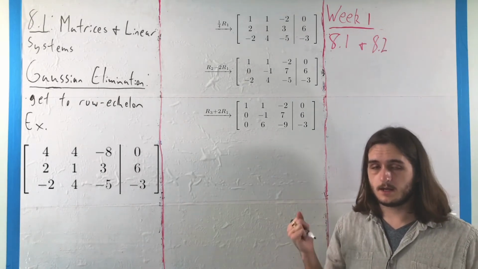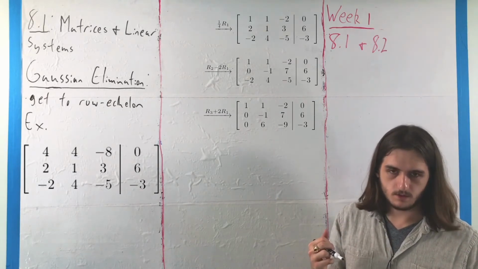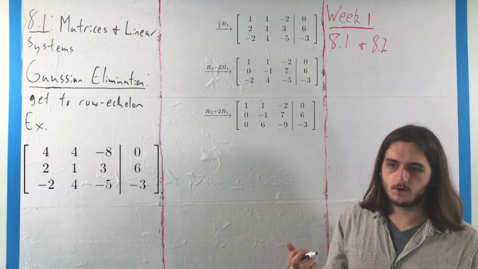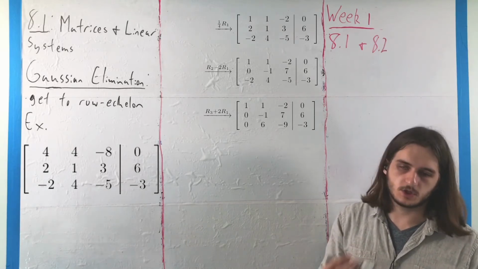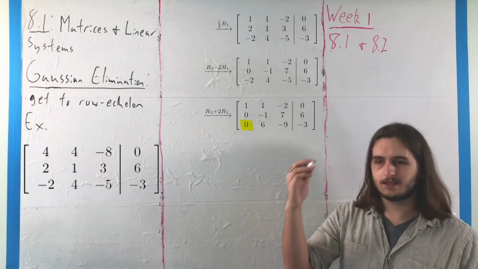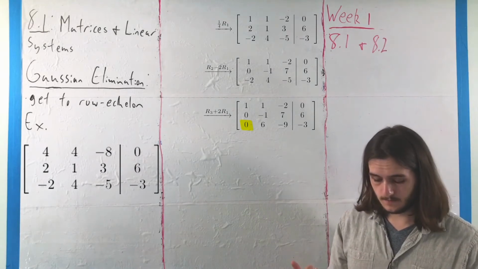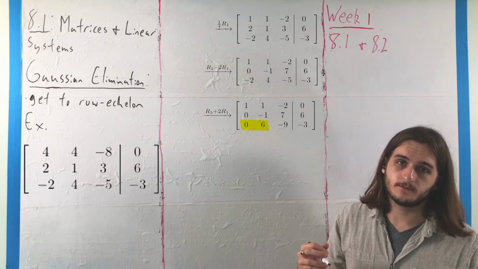And then in the next one, you're going to be doing the same sort of thing, but down to row 3. So you're going to have 2 times row 1, plus that value in the bottom there, so negative 2 goes away. Then you're doing the same thing with the 1, adding that to the 4, you get 6. Then you do it with a negative 2 along to a negative 5.